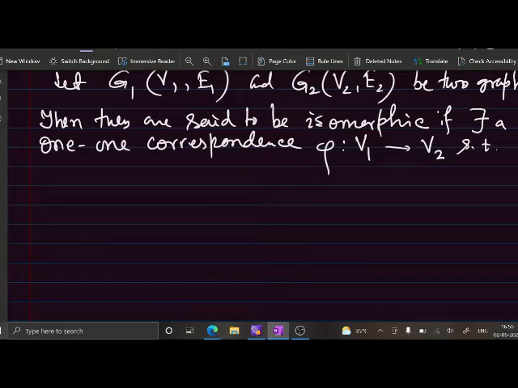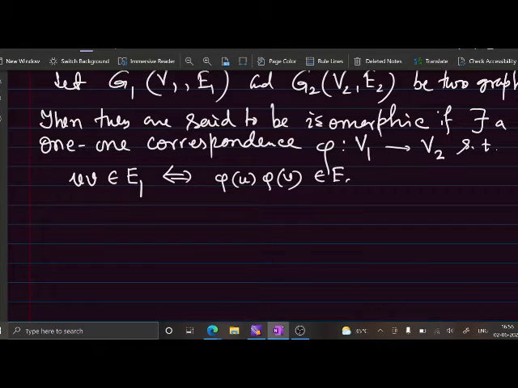That is, such that UV belongs to the edge set E1 if and only if, the vertex U goes to phi U and the vertex V goes to phi V, then this will be an edge in E2.